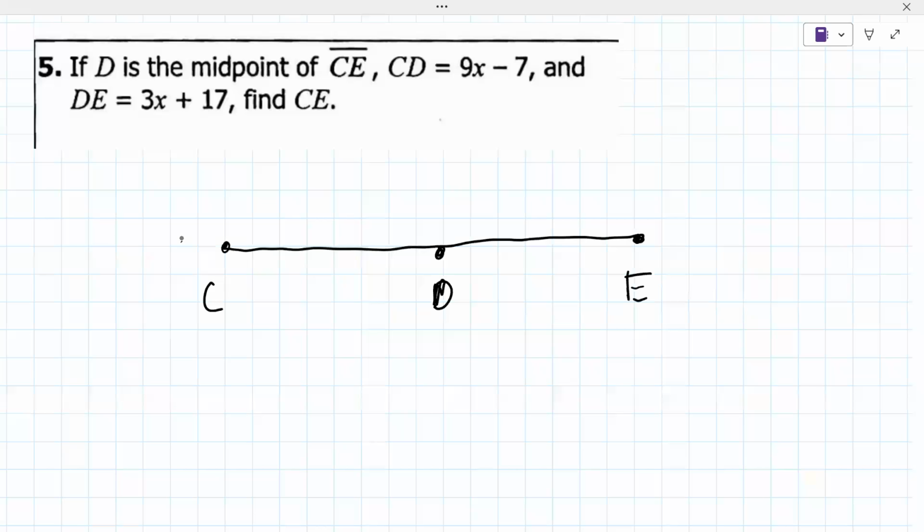And then the next thing is to label them 9x minus 7 and 3x plus 17.